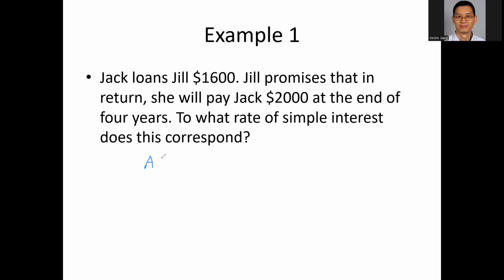So A of 4 years equals a linear function, A of 0, which is 1600, times 1 plus R times T, which is 4. So we know 2000 equals 1600 times 1 plus R times 4. Simple interest is normally annual. That's implied when we say that. It's not the effective rate for the 4-year period.